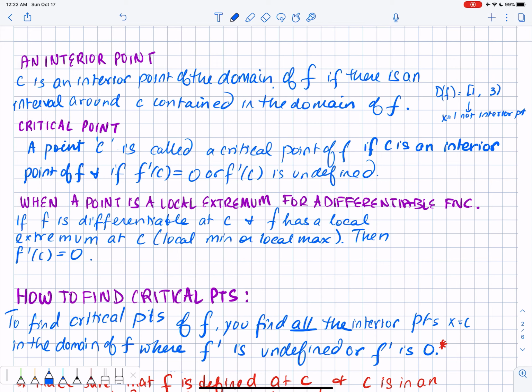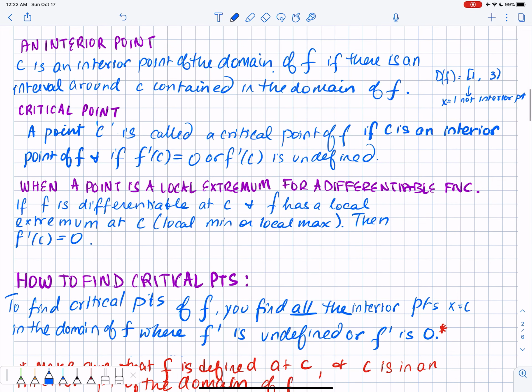But anything between 1 and 3 is an interior point. Okay, so it literally is what it is, indicative of the word interior. So if you take any other x, like 1.0001, that's an interior point. Okay?